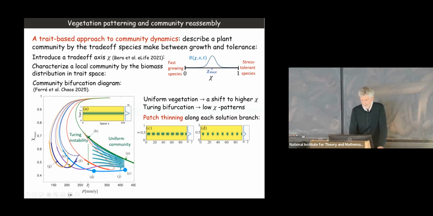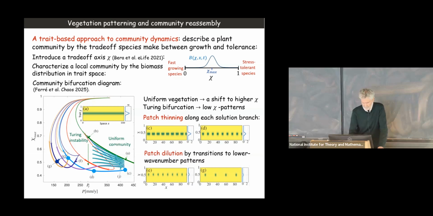But then there are other solution branches with longer wavelengths that have lower chi values, and we may have a transition from a given wave number to a longer wavelength by what we call patch dilution, which again increases the bare soil area around each vegetation patch and therefore keeps water availability unchanged.